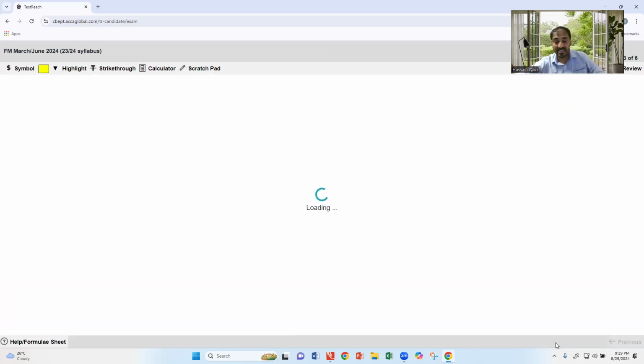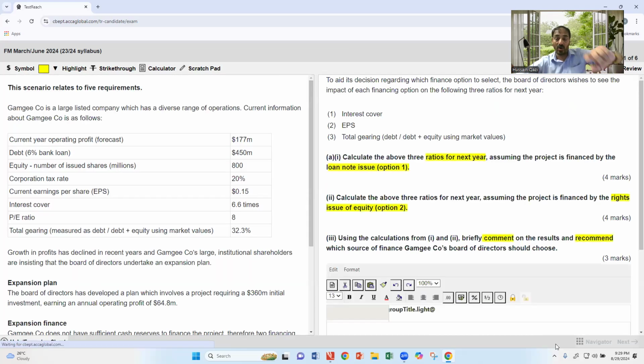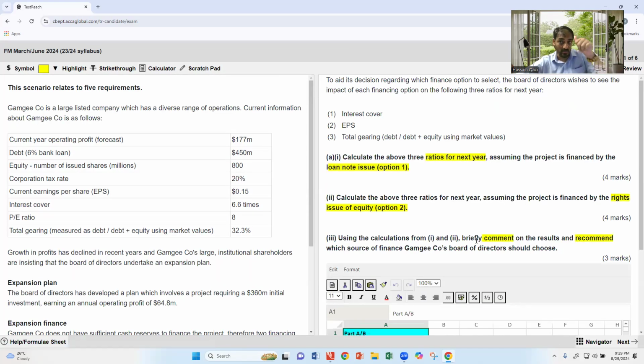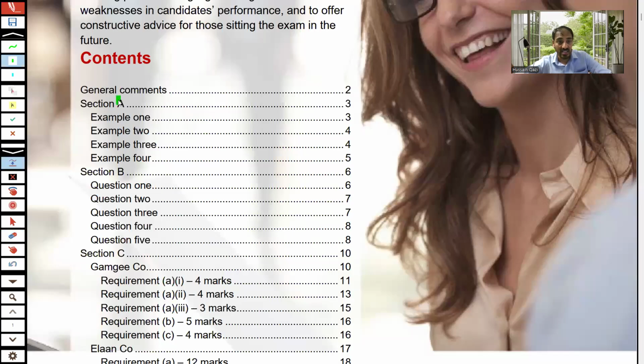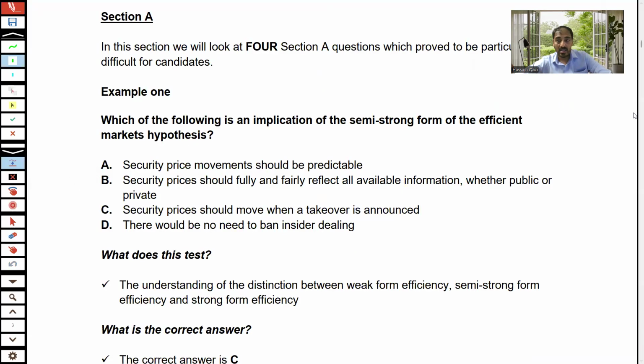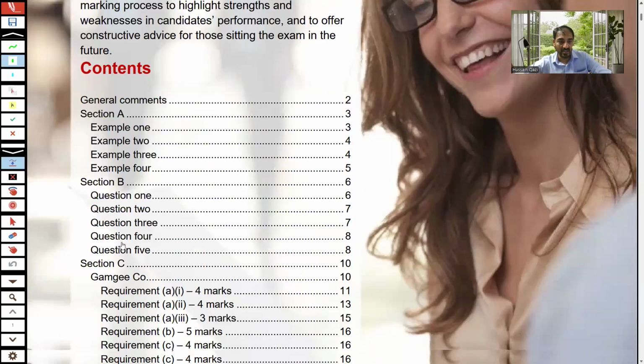I will attempt this question, and not only attempt, but also apply all the advice I've shared with you, for calculation and theory both, and also we will diagnose the examiner report as I committed earlier.